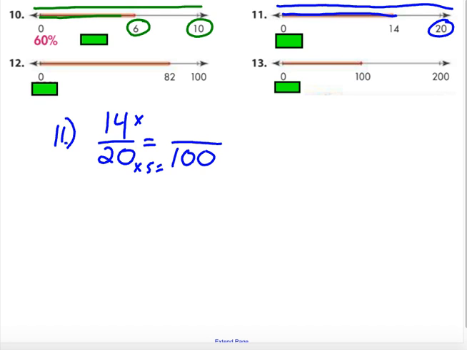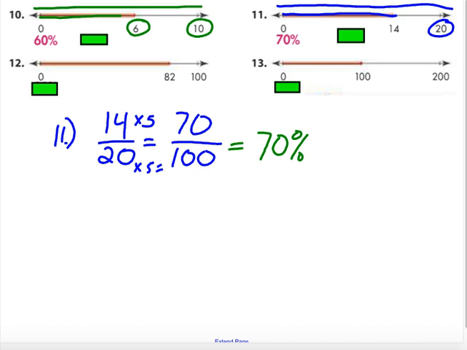So I multiply 14 times 5. If I take 14, I multiply by 5, I see that I get 20, carry the 2, and I end up with 70 over 100. And so the answer to number 11 is 70%. But remember that this would have to be written as a percent.